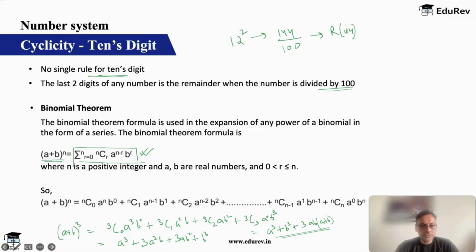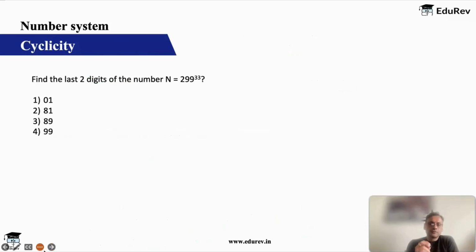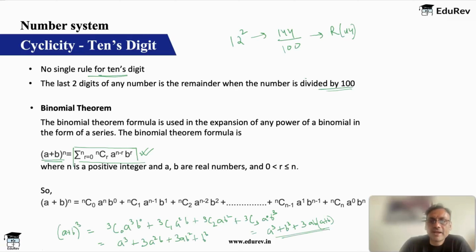Okay, so let's jump into the rules and listen very attentively. Okay, so first, let's say I have to find the last two digits of this number, 299 to the power 33. Now this can be done using a variety of methods, but I will use the method which we discussed just now, divided by 100.